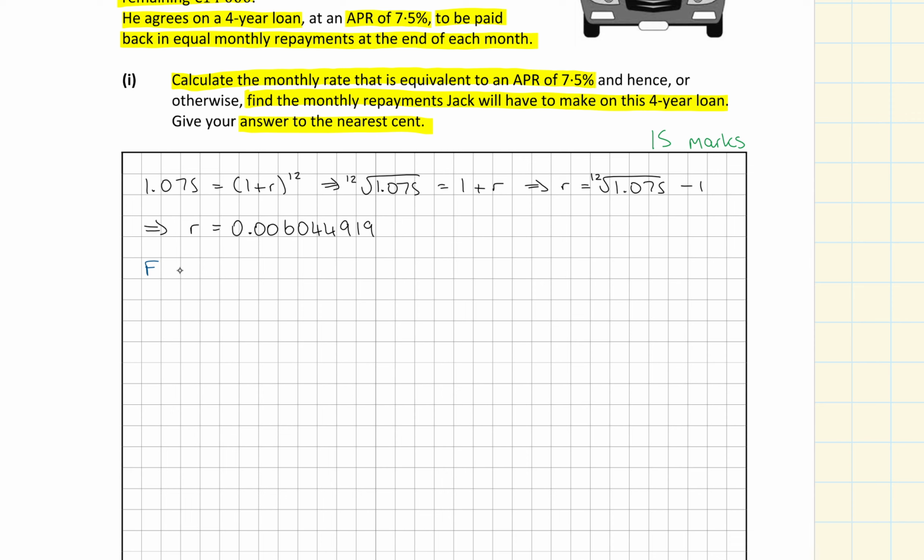So we have F is equal to P times (1 + i) to the power of t. Okay, so we check our time, 4 years. So that becomes 4 by 12, which would give us 48. And then our interest rate.